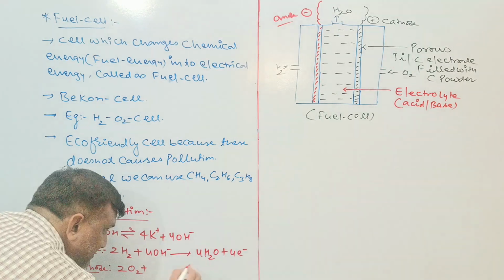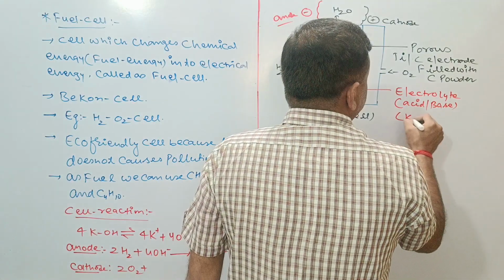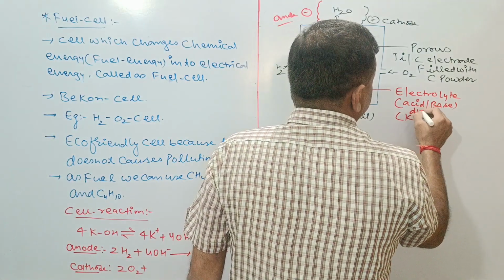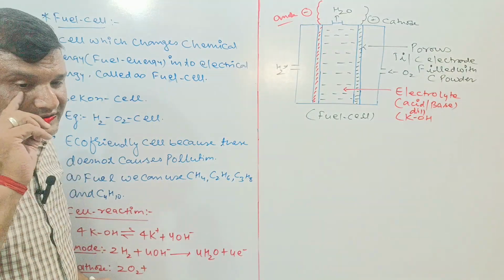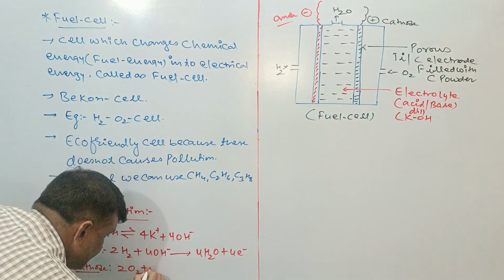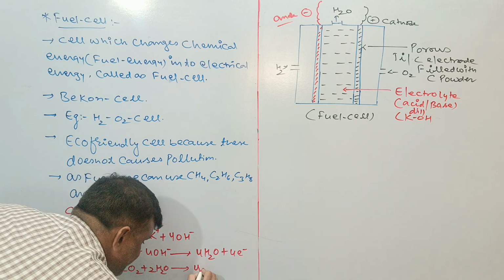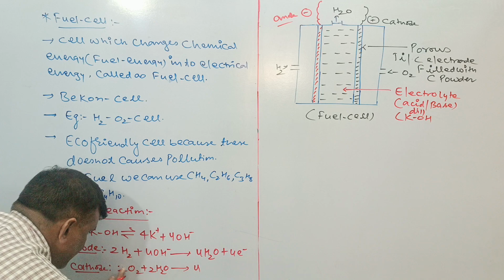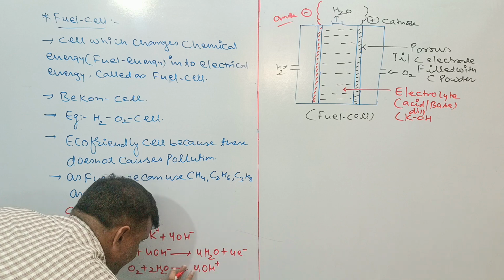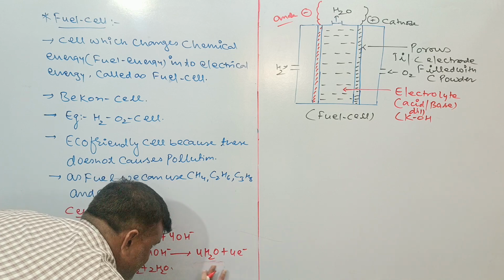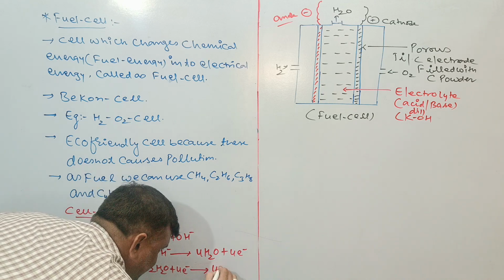This is the dilute medium we are going to use as an electrolyte, acid or base, dilute KOH. So here there will be use of 2 H2O. Then the reaction will be as follows: O2 plus 2 H2O plus 4 electrons changes into 4 OH-.